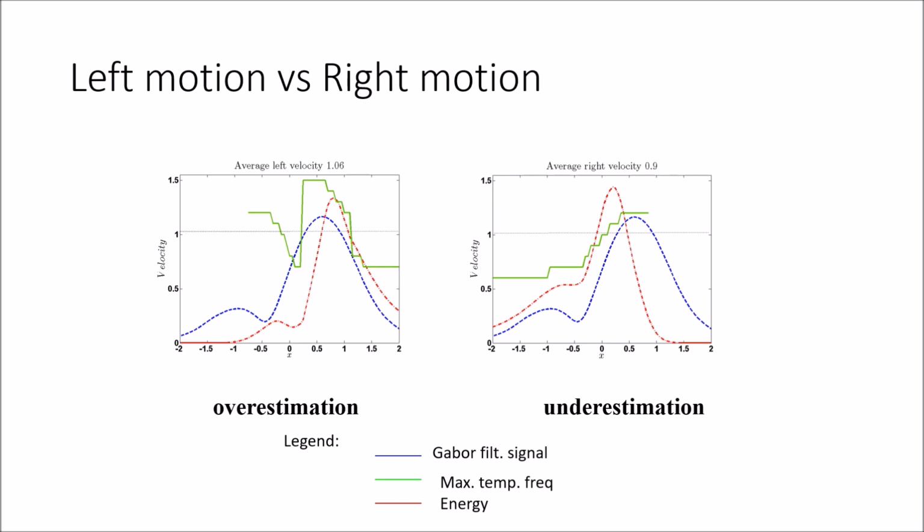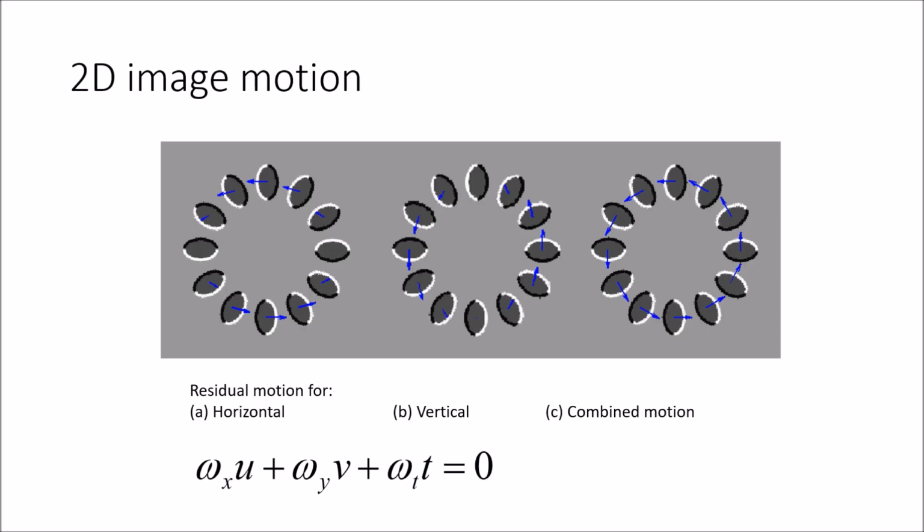So if we average this out over the whole bar of the signal, we get an overestimation for the left and an underestimation for the right, explaining the different estimates. So we have shown that there's erroneous image motion estimation at some scale because of the way the pattern is set up, due to its bar-like structure.